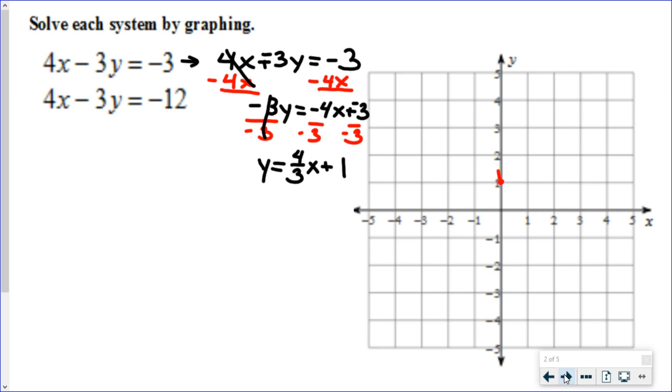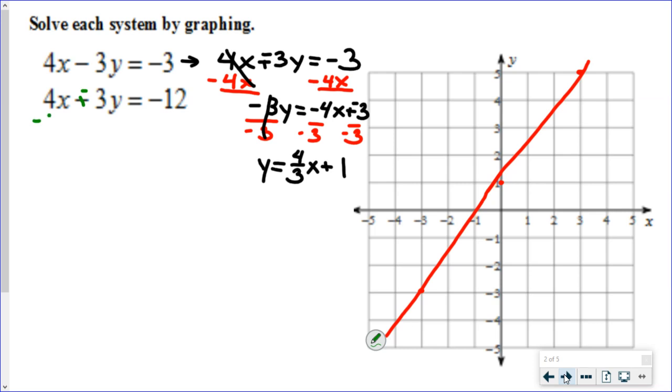Up 1, and then I'm going to rise 4, run 3, and I'm going to go in the other direction too. So I could extend that line because again, that second equation, you guys know, I'm not sure where it's going to go. Okay, let's do the second equation now.